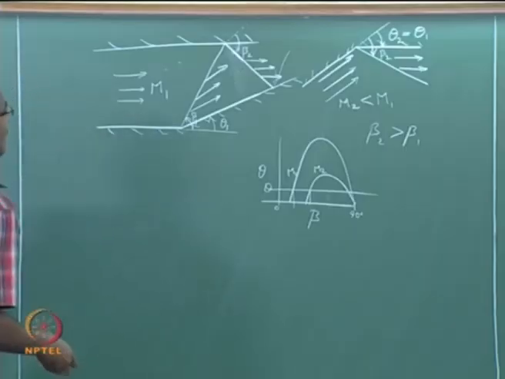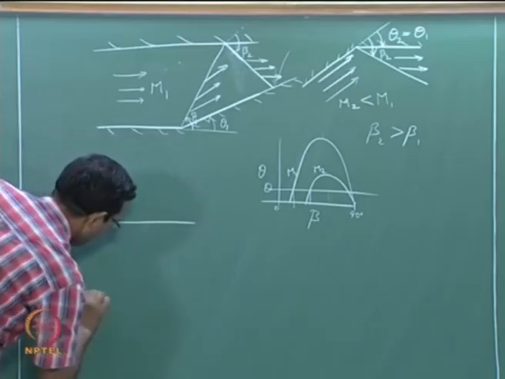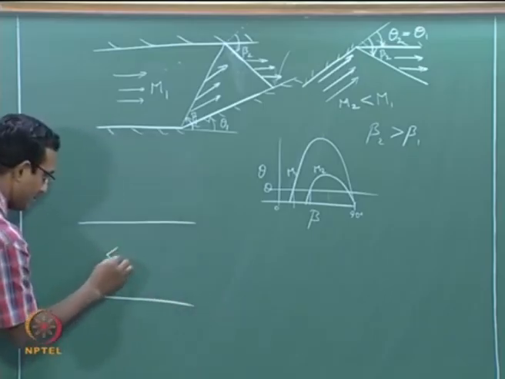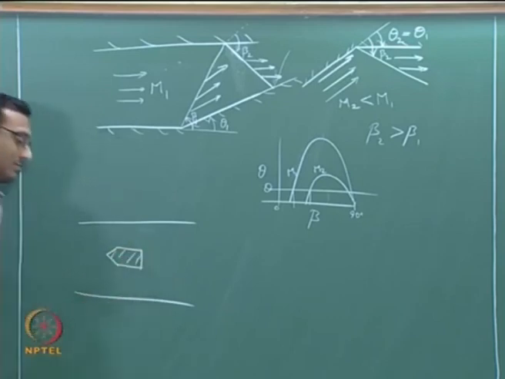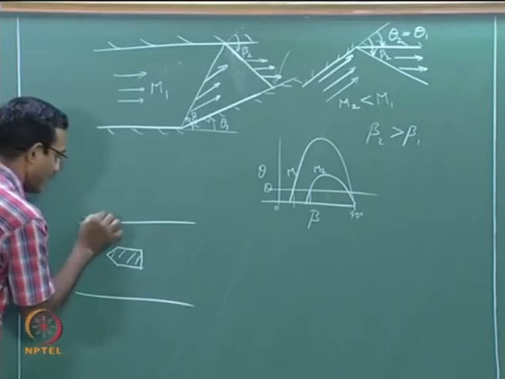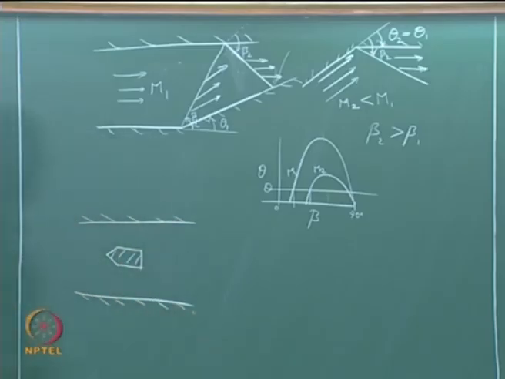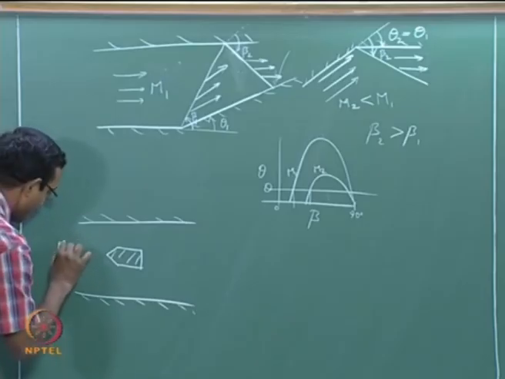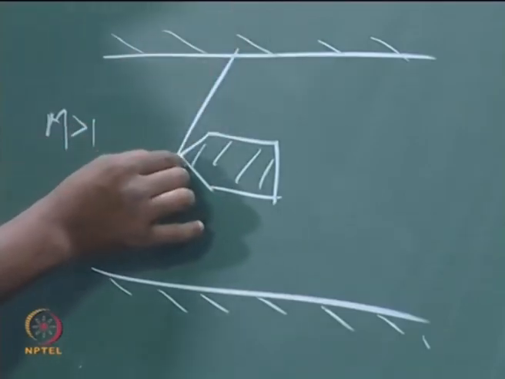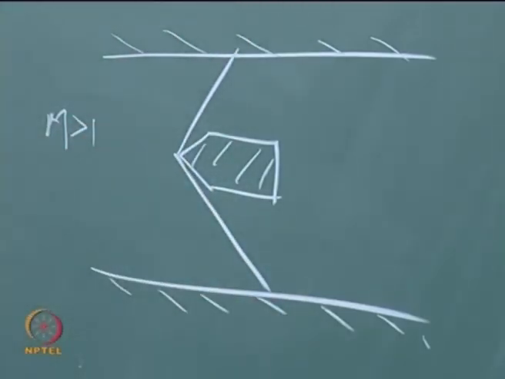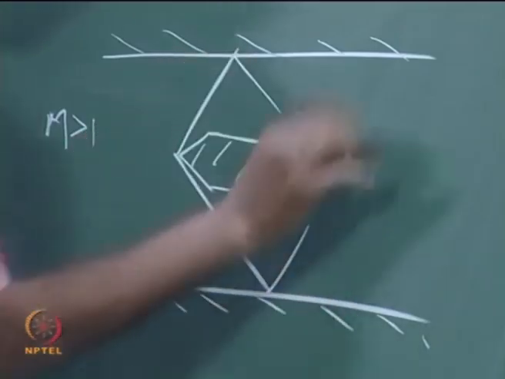If I look at a simple model, let us say this is my model kept inside a supersonic flow, and this is my tunnel wall, and there is M greater than 1 flow coming this way. Now, I can think about shocks that are going from here, assuming it is an attached shock, and then it will bounce off and come back.